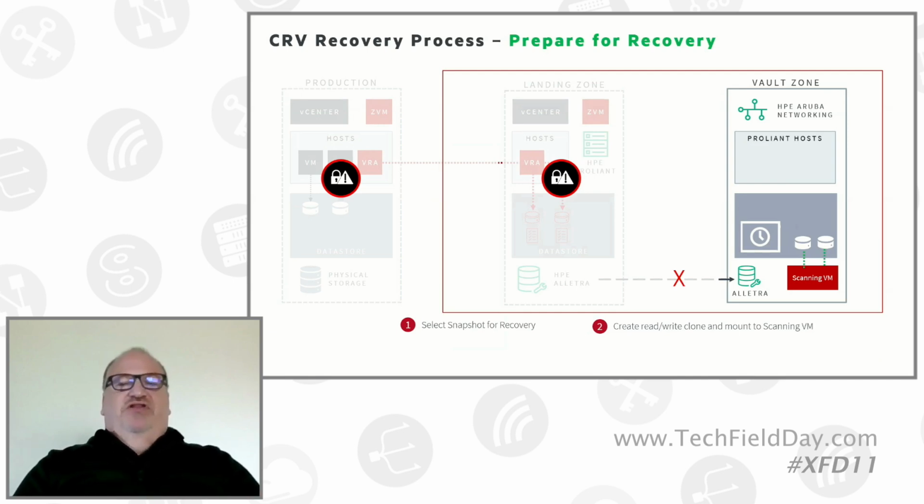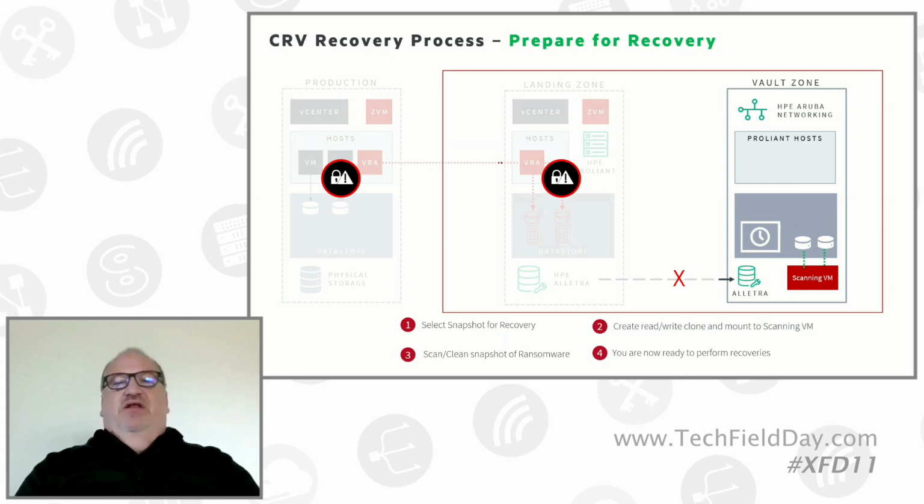So once it's in the vault in that immutable format, the VMFS file system, all we have to do is clone it. We've still got it in VMFS file system, Linux file system at the very core. So we're able to scan it with the tools and go through and do the remediation and the cleaning that needs to be done. Once that completes, we're ready to start performing the recoveries.